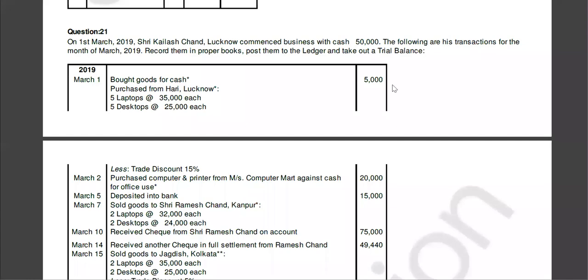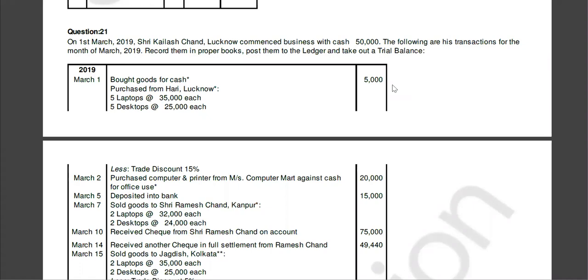In this sum, first step you have to prepare cash book. Second step, purchase book, sales book, purchase and sales return if it is there. Then finally ledger. After ledger, you have to prepare trial balance.